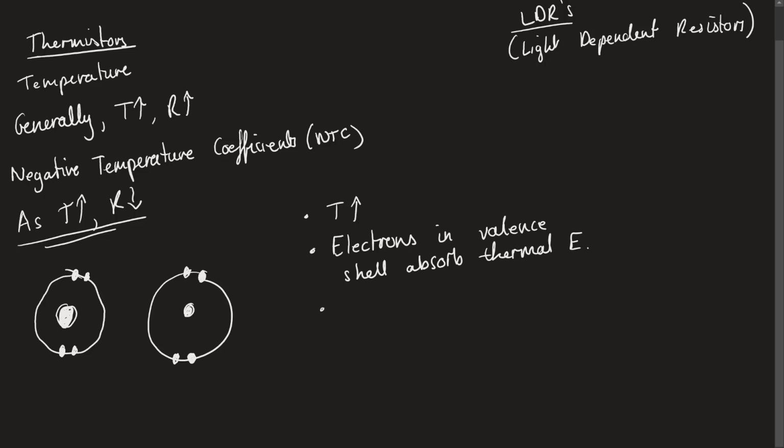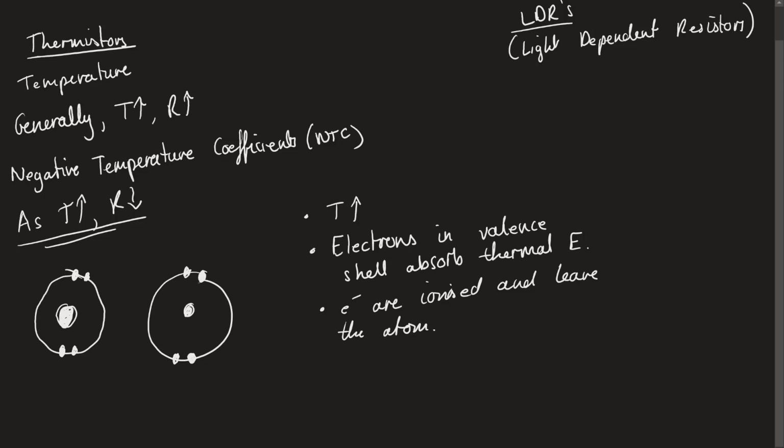And what that means is that they have enough energy to be ionized. So they leave the atoms. So electrons are ionized and leave.